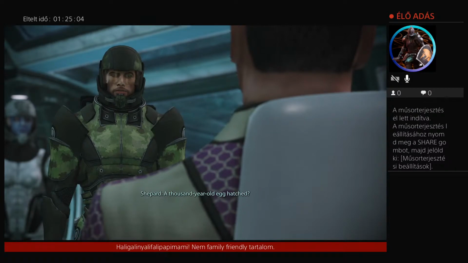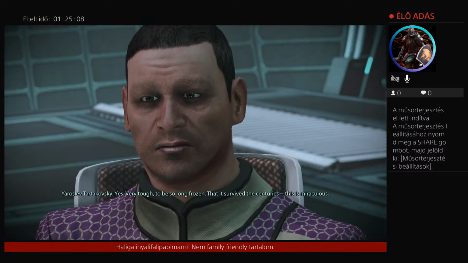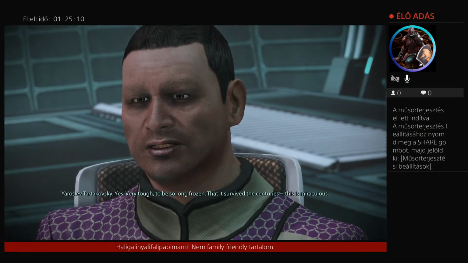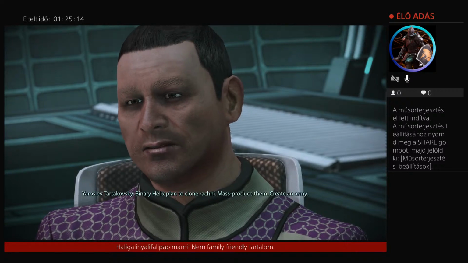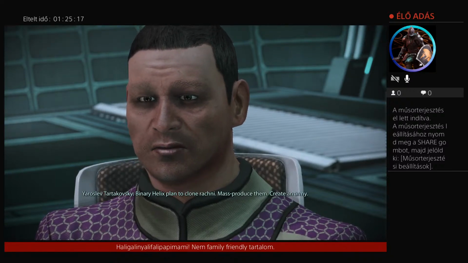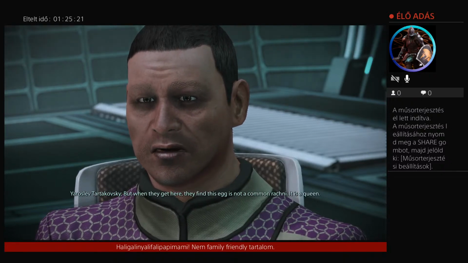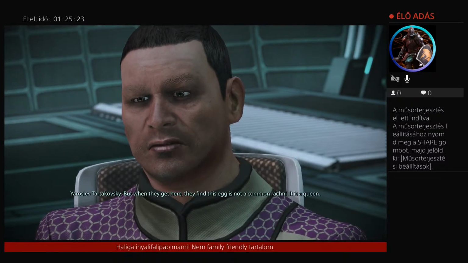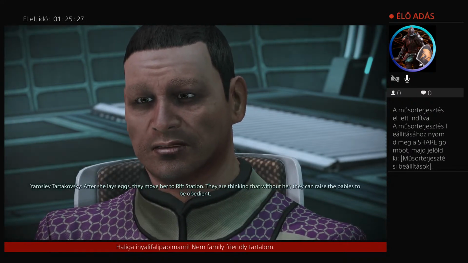1,000-year-old egg hatched? Yes. Very tough to be so long frozen. That it survived the centuries. This is miraculous. Binary Helix planned to clone Rachni, mass-produce them, create an army. But when they get here, they find this egg is not a common Rachni. It is a queen. After she lays eggs, they move her to Rift Station.